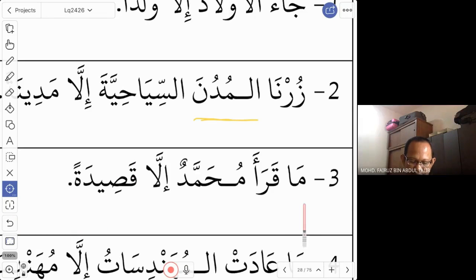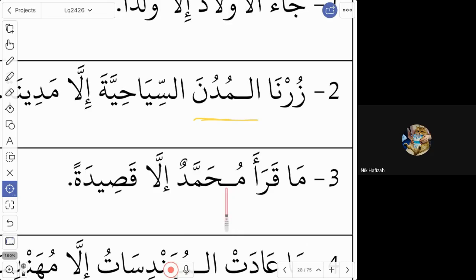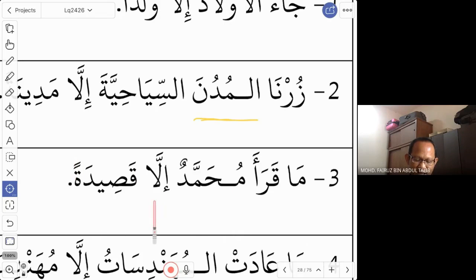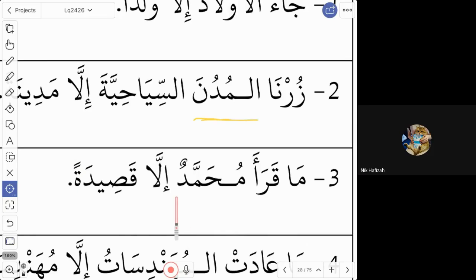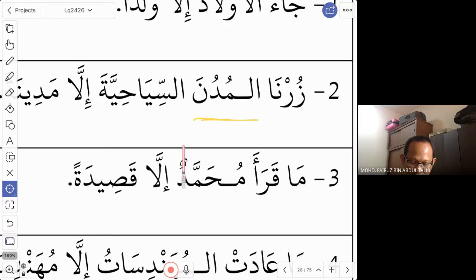So this is manfi. Where is the mustasna? Qasida is the mustasna. This is the adat, the article. Is Muhammad the mustasna minhu? No. Qasida is not excluded from Muhammad; it is excluded from something else that Muhammad did not read, which is not mentioned.